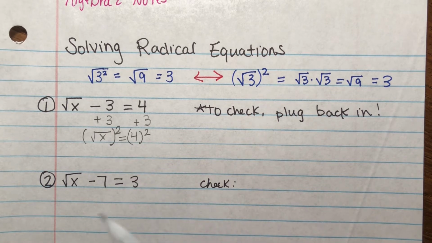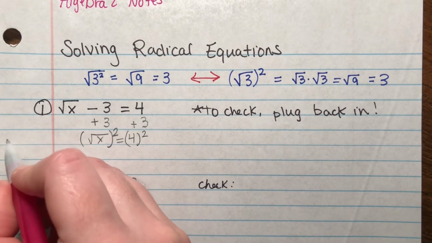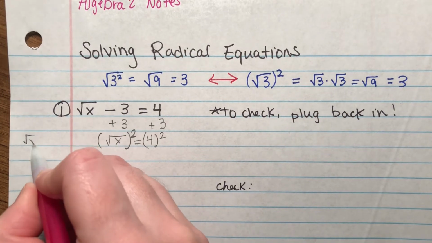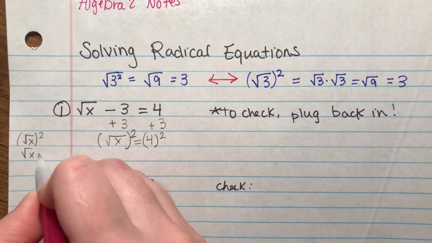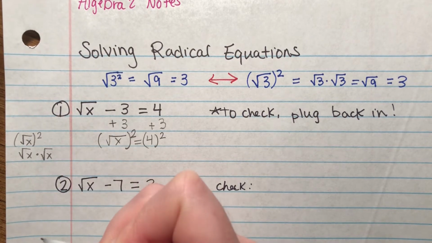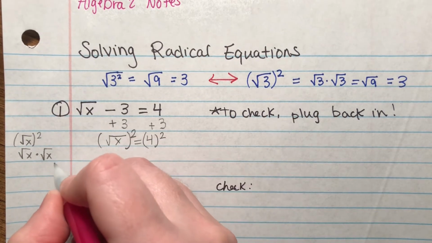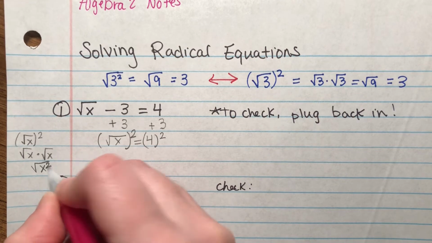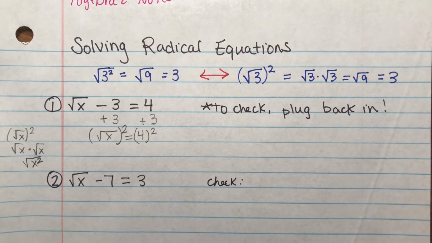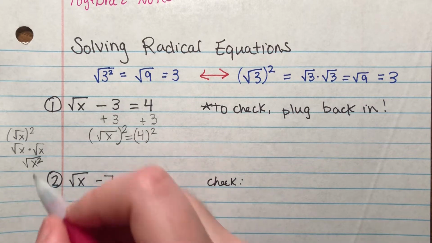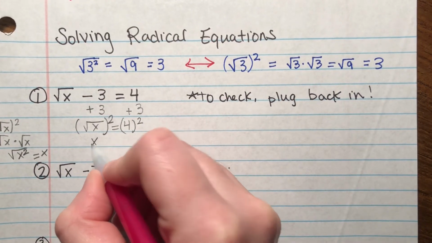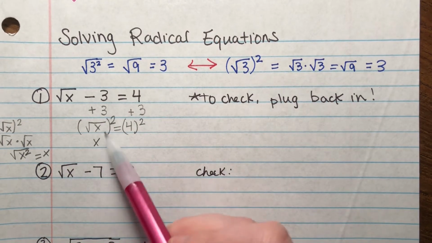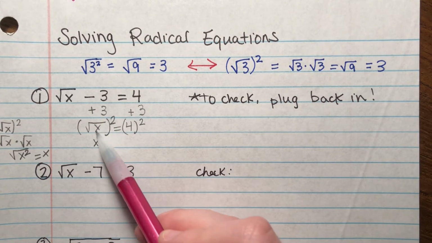Because if I had the square root of x squared, I'll just write it here on the side. That would be the square root of x times the square root of x, right? Or in other words, the square root of x squared. And what is the square root of x squared? It's just x. So that's how I get x by itself here. So if I square a radical, I'm just going to get whatever's on the inside, right?